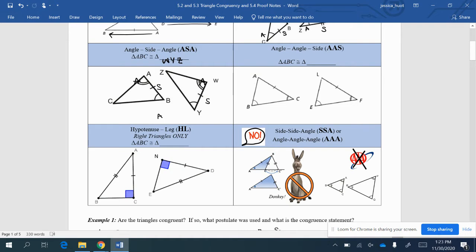Angle, angle, side, where here I have 2 angles and a side that's not included. So angle, angle, and then another angle here, and a side. As you can see, if I go all in a row, I have AAS, AAS. And you can say this is SAA.